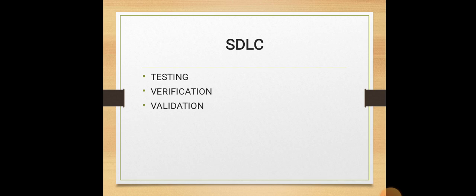And next, validation is the process of evaluating a system or component at the end of the development process. Finally, after the development process, we do validation to determine whether it satisfies the specified requirements. That is validation.